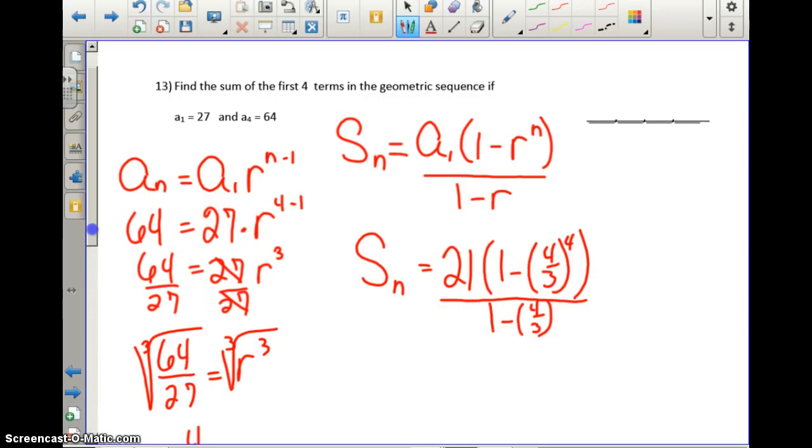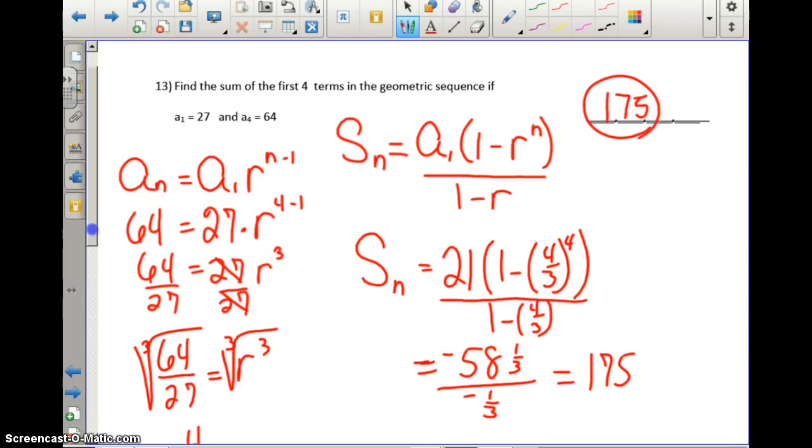And so I would need to make sure I'm very careful with my calculator. The top is going to give me negative 58 and 1/3. The bottom gives me negative 1/3. And when I type that in, my final answer would be 175. So the sum of the series, 175. And there you have it.